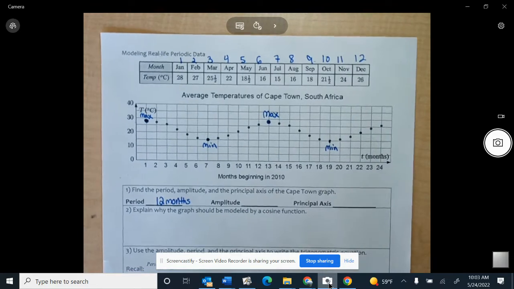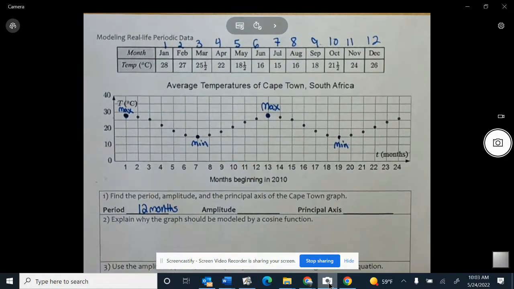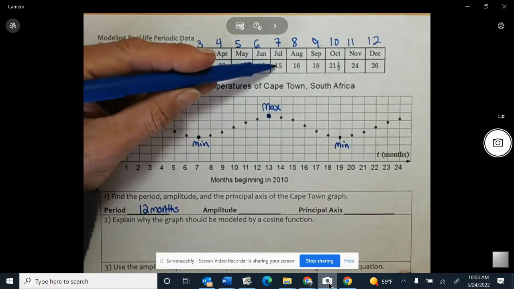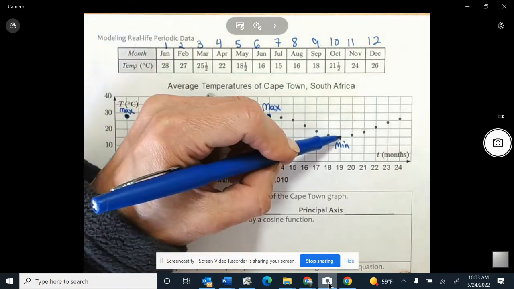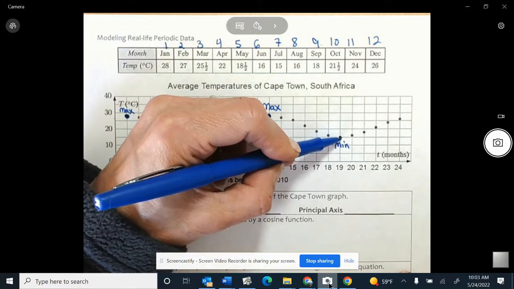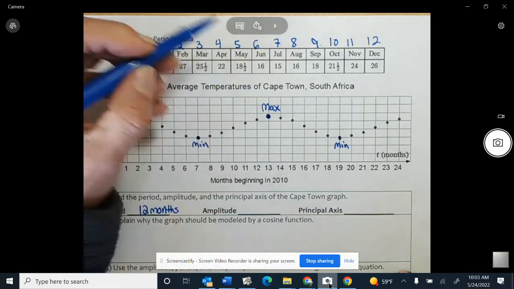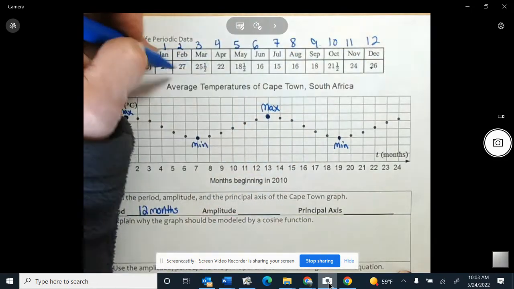Let me zoom in, excuse me. So looking at this minimum for the 7th month, we have 15. And then notice that in the 19th month, it repeats. But the maximum temperatures on the 1st and the 13th, we'll use 28 and 26.